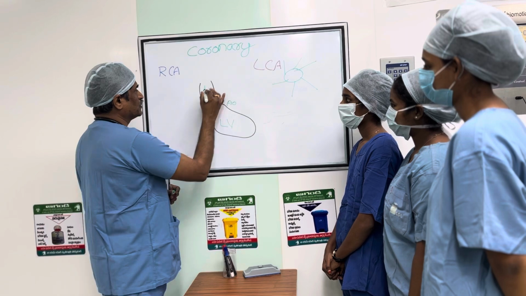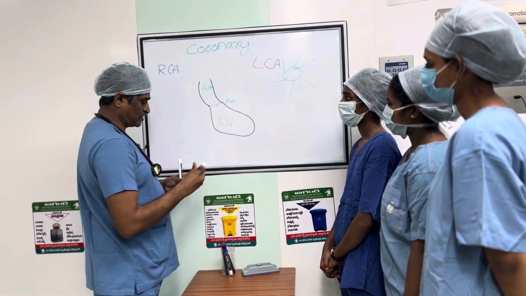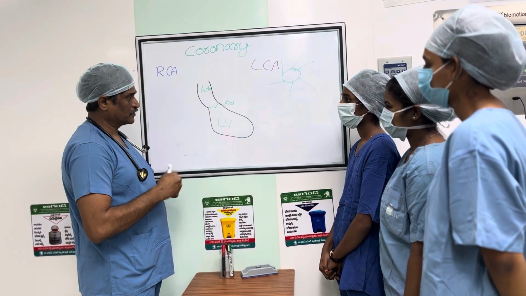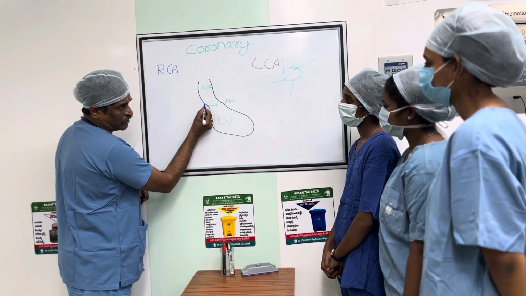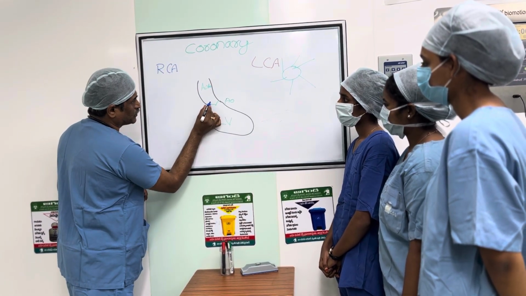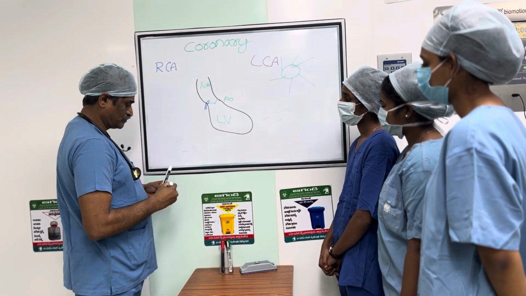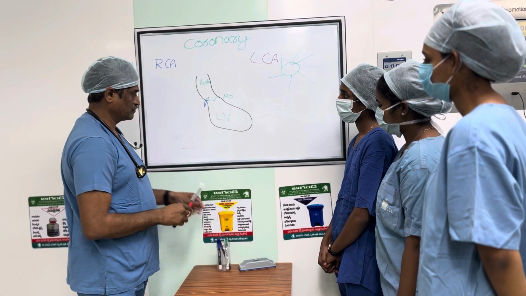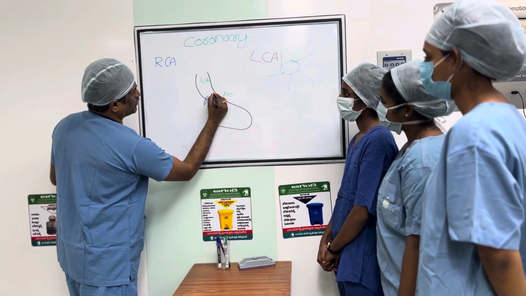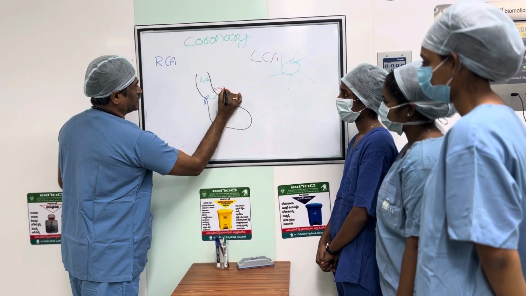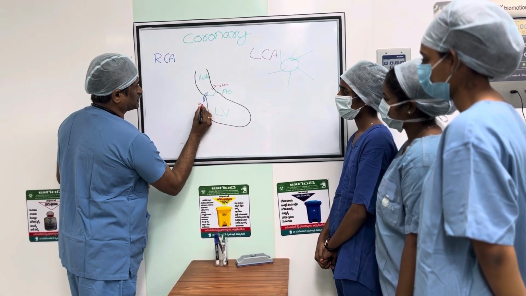Okay. So where are these coronary arteries coming from? They are coming from this part of the aorta. Right coronary artery and left coronary artery. Okay. LCA, RCA.